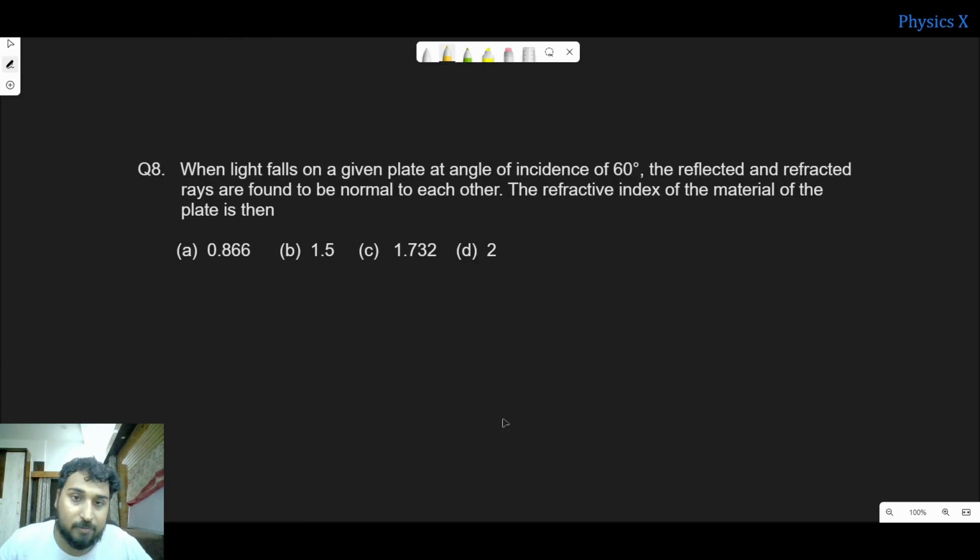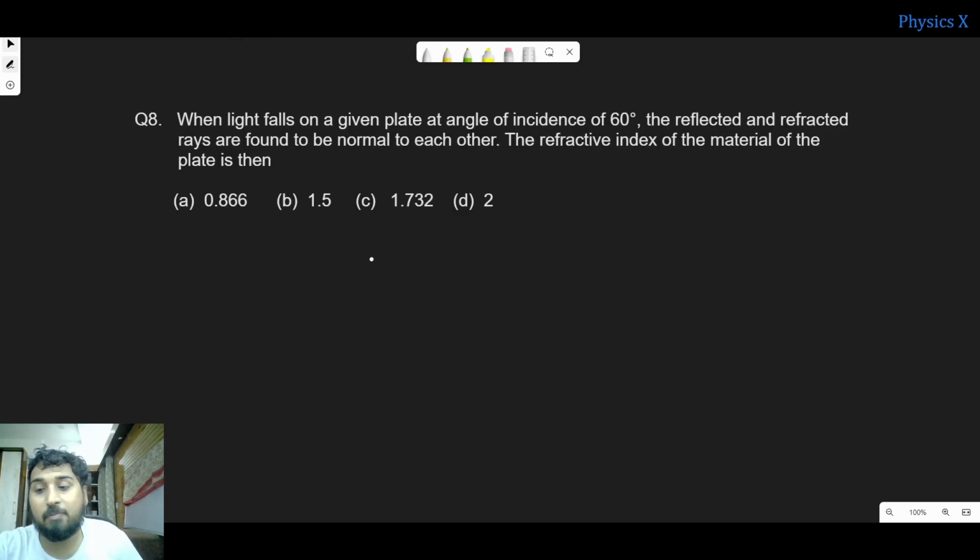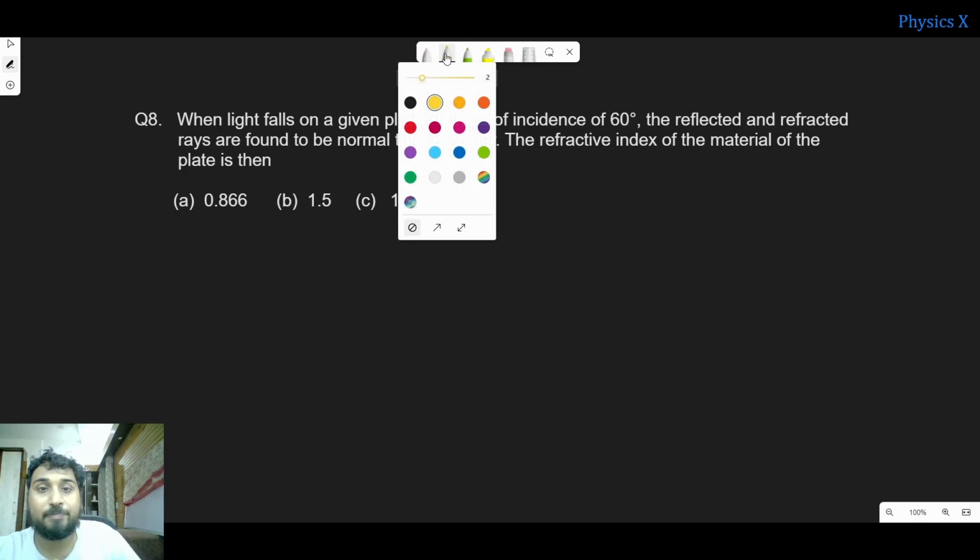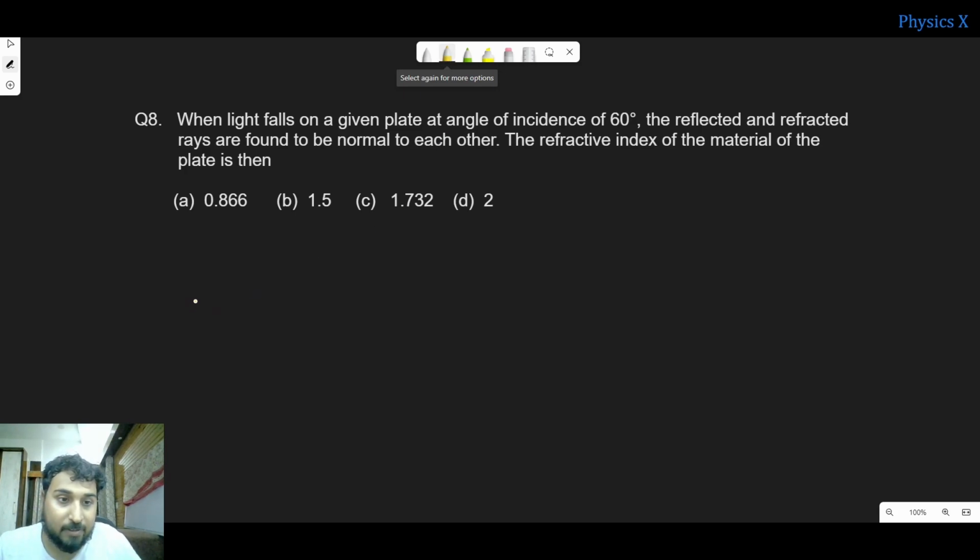Let us move further. When light falls on a given plate at an angle of incidence 60 degrees, the reflected and refracted rays are found to be normal to each other. So what is happening is, you need to consider that there is a plate, and this surface is such that the reflected and refracted rays are both there.